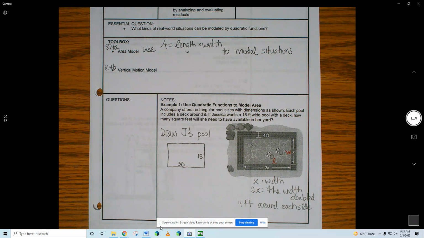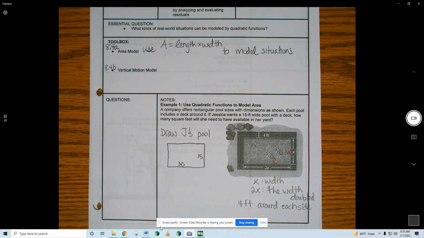What does it say in the paragraph? Well, actually, it's not in the paragraph. It's in the drawing. What do I need around the pool? Around the pool has to be what? 4 feet of deck.